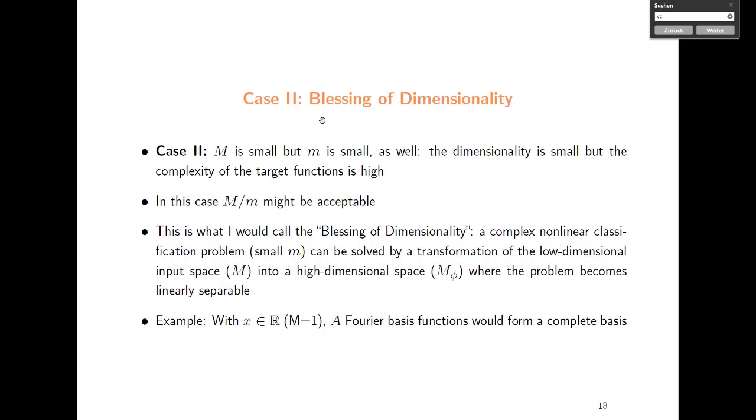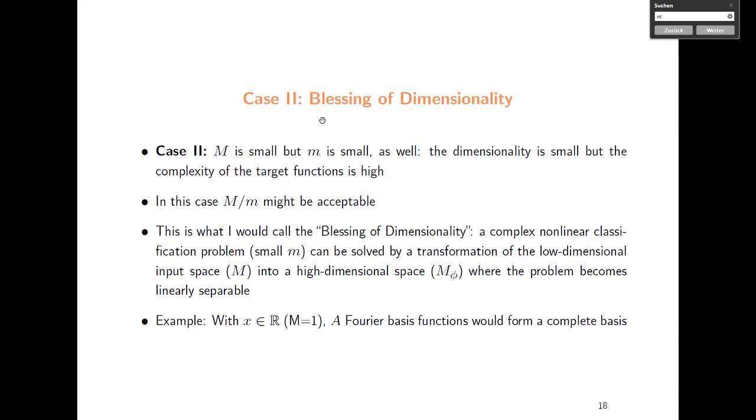Case 2 I call the blessing of dimensionality. If M is small, so the input dimension is small, but m is small as well, so it's a complicated function, but the input dimension is small. So the target function can be complex, but the dimensionality is small. Then M divided by m might still be acceptable. And this is really the case which we discussed when we said we need to introduce basis functions to model the function.